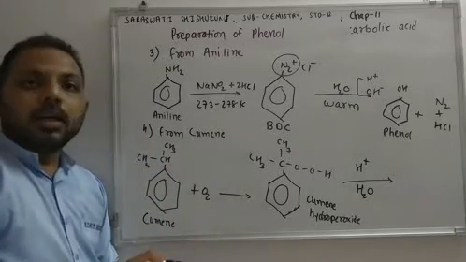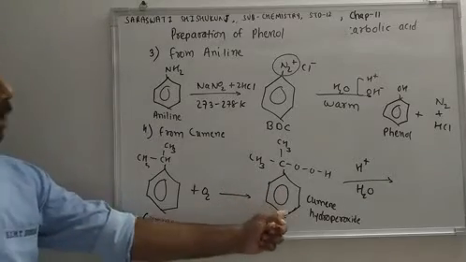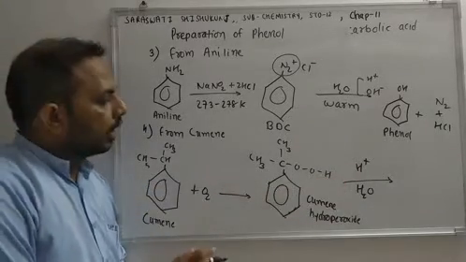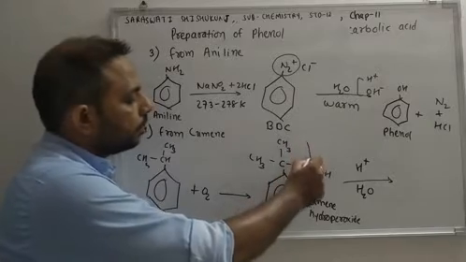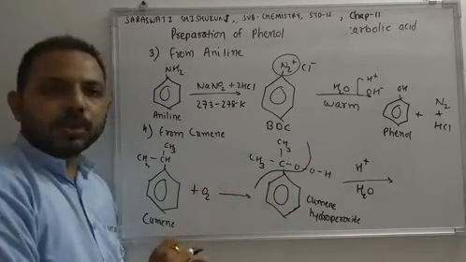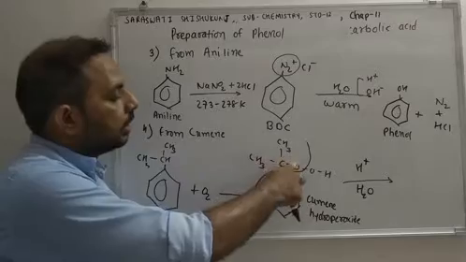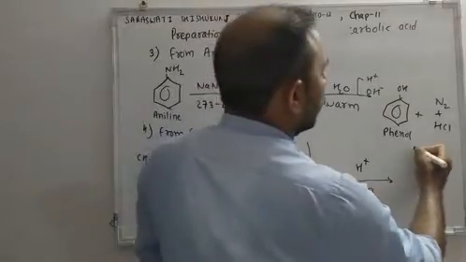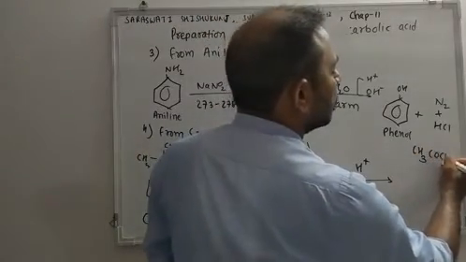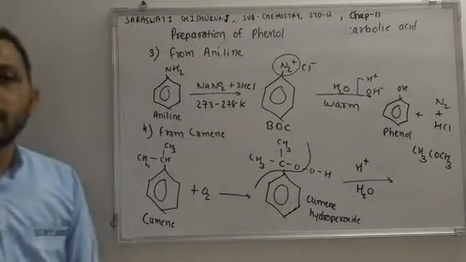Now, if we react cumene hydroperoxide with acid, it will break this bond. This bond is broken. And what is left? CH3COCH3. So one product is CH3COCH3, that is known as acetone.